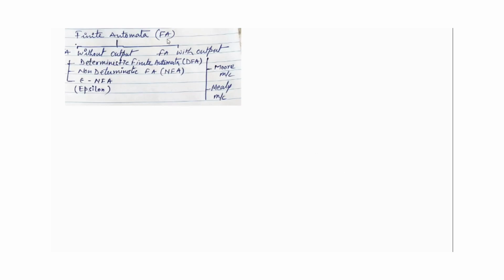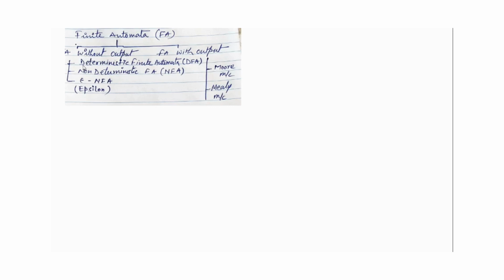So finite automata can be categorized into two categories. This is the first category, finite automata without output, and this is the second category, finite automata with output. So we have two types of finite automata, without output and with output. Finite automata without output can be divided into three categories.